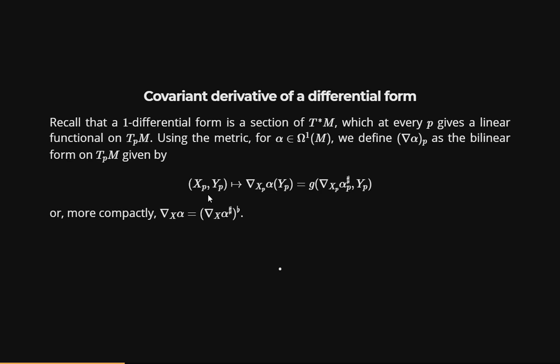We won't be using this now, but just so you know, once you have the covariant derivative on vector fields, you can define the covariant derivative of everything, at least everything that transforms well from one chart to the other. So you cannot do the covariant derivative of Christoffel symbols, and we are all glad for that, because Christoffel symbols are terrible.